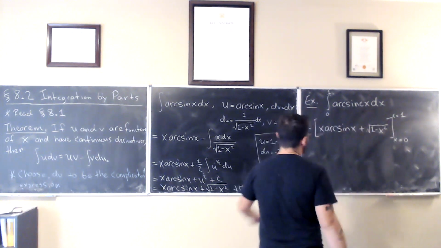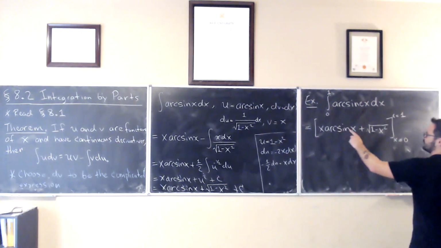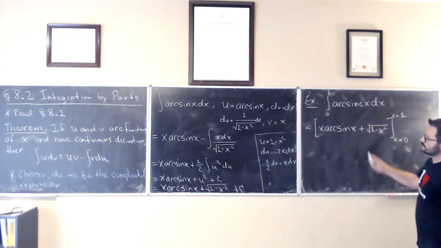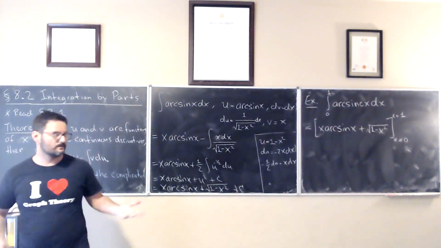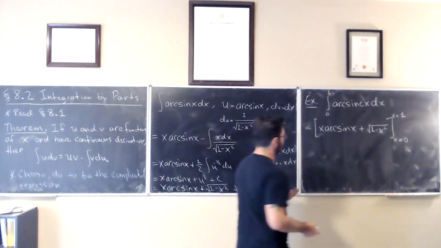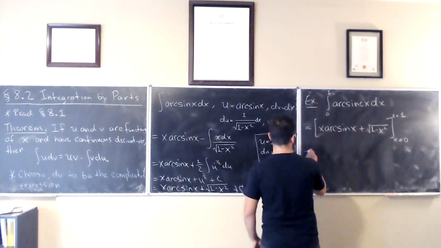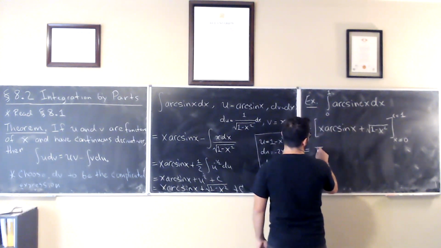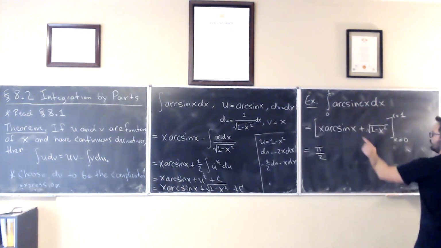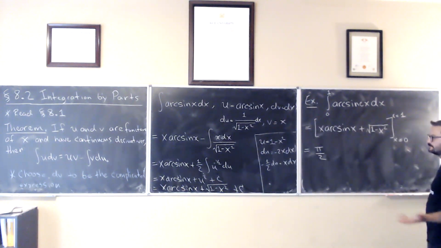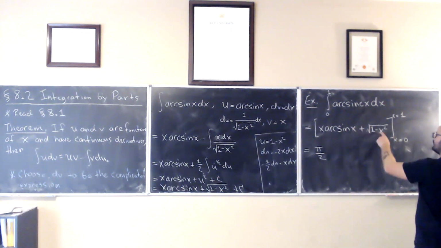So 1 times arc sine of 1. Arc sine is the angle in radians that gives you the value 1. So that's going to be pi over 2. That's the angle between 0 and pi that gives you 1. So arc sine of 1 is pi over 2. 1 minus x squared, that's 0, so it goes away.